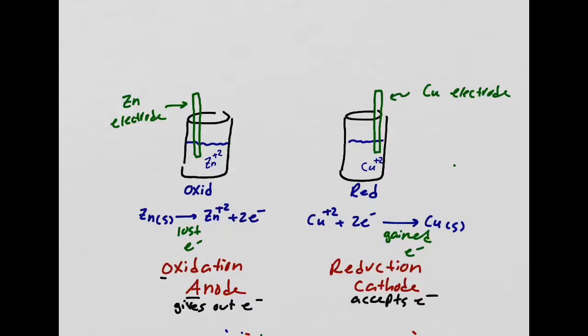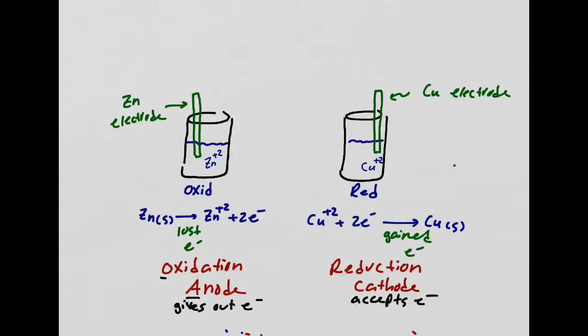Now we have to somehow be able to transfer these electrons between the electrodes. So we know this one is going to give out electrons and this one is going to accept electrons, but we need to somehow allow the transfer of electrons between the two electrodes to happen. And the electrons will always go from anode to cathode.